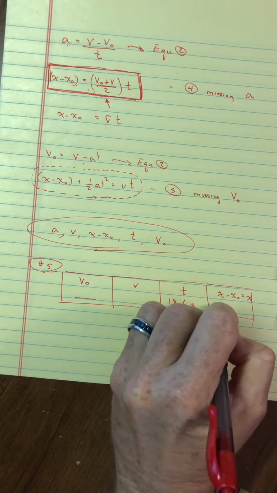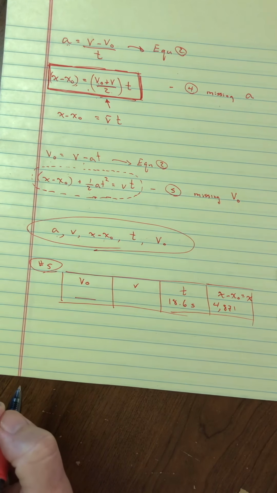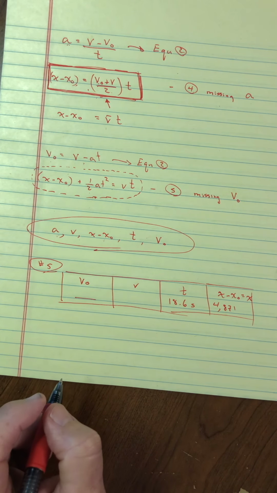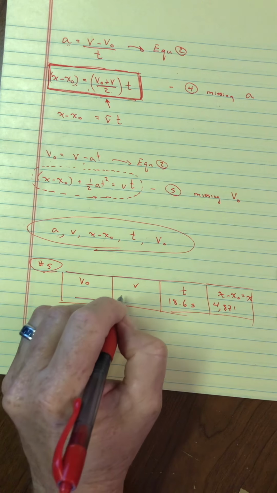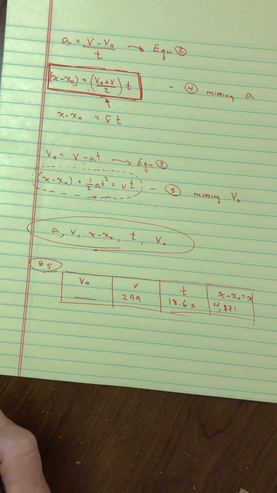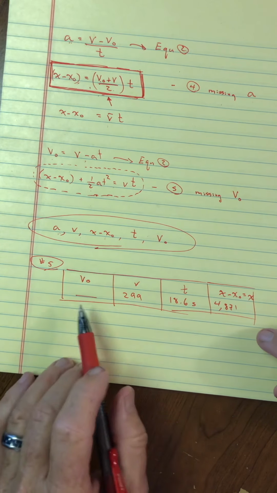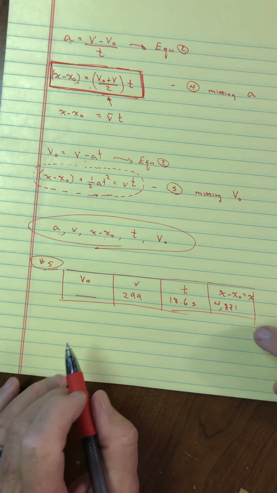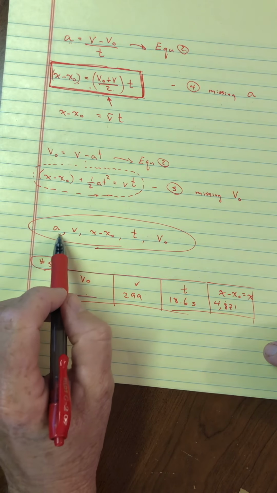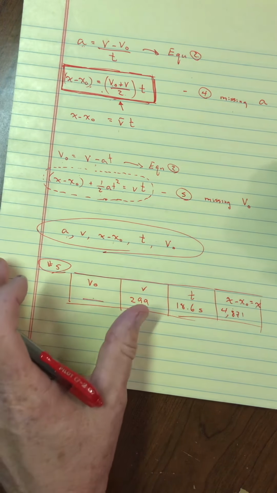So we've got this distance of 4,871 meters and a velocity of 299. So what I'm trying to point out here is, which one is missing? Well, clearly the A is missing. Which equation then would be appropriate?